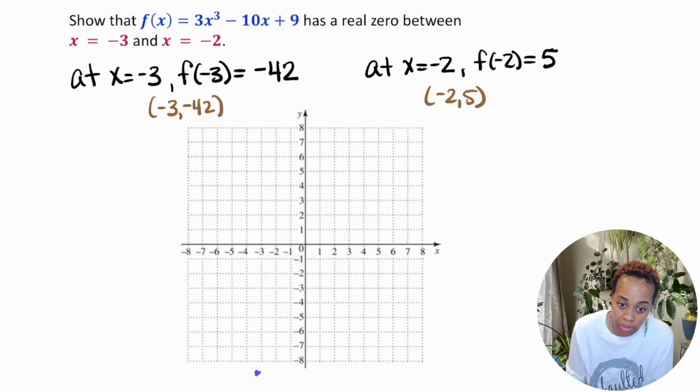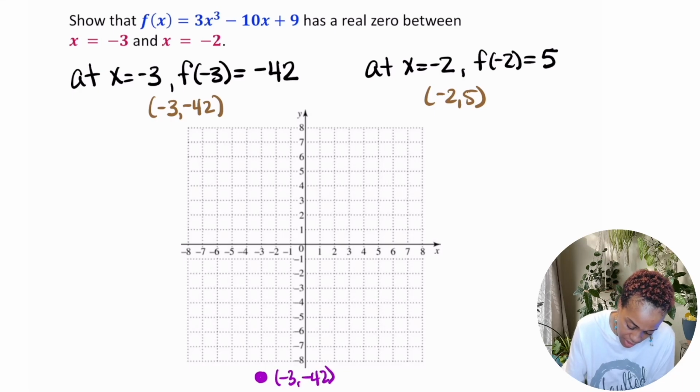That's going to be somewhere down here, right? So I'm just going to mark right here. Negative 3, negative 42. And then the other point is negative 2, 5. So when x is negative 2, y is 5. That's somewhere right here. You see what I'm saying?